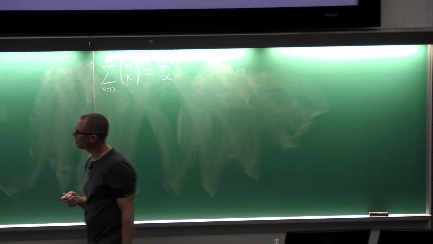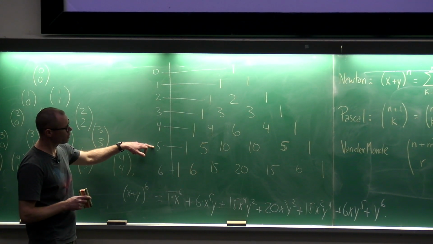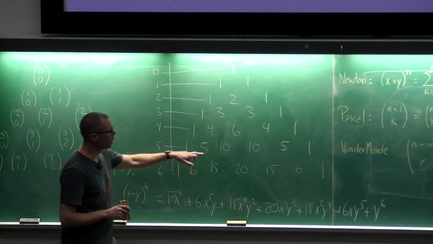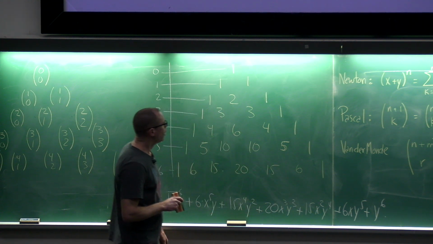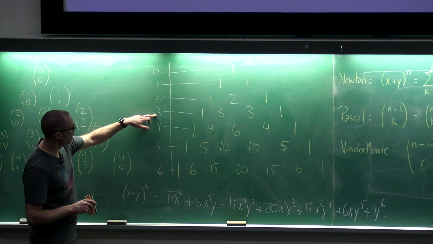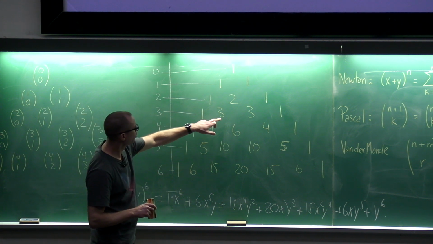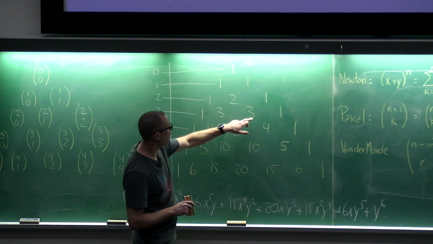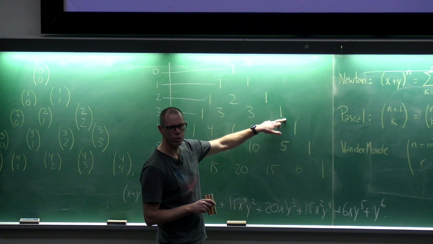So what does that mean? Well, that means that if I take the nth row of this triangle and add up all of the values that I see here, I'll get 2 to the n. So for example, here's row 3, and 1 plus 3 is 4. Now we're at 7. Now we're at 8. Indeed, 8 is 2 to the power 3.